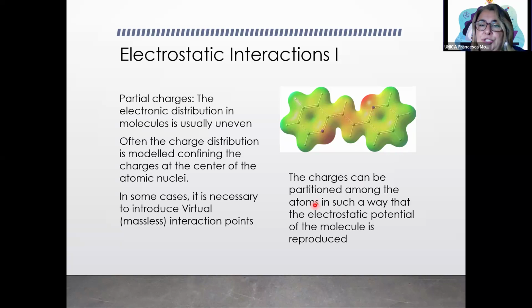We partition the charges among the atoms in such a way that the electrostatic potential that can be calculated with a quantum mechanical method is reproduced.